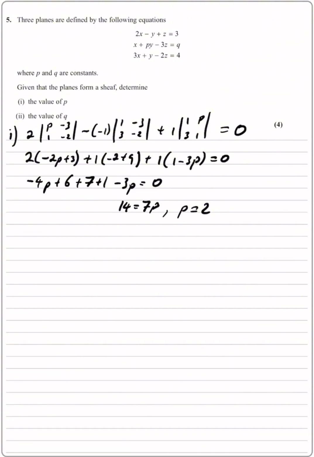For part 2, I'm going to take the first equation, I'm going to take the second equation, and I'm going to add the two together. So 2x minus y plus z equals 3, and x plus 2y, now because we know that p is 2, x plus 2y minus 3z equals q. If I add those two together, we get 3x plus y subtract 2z is equal to 3 plus q.